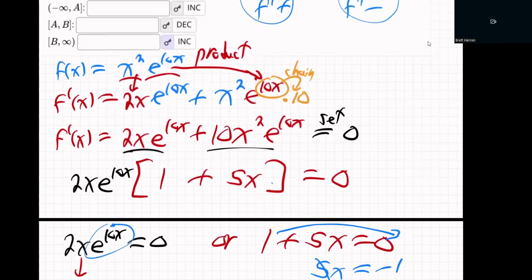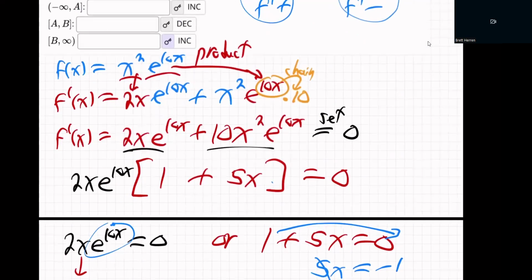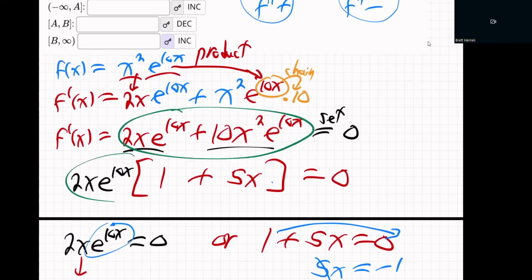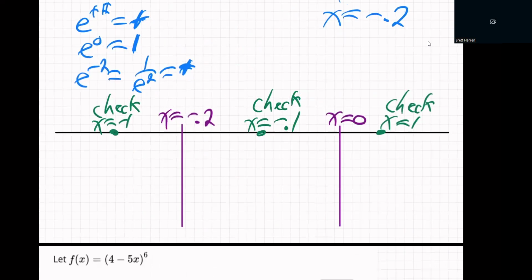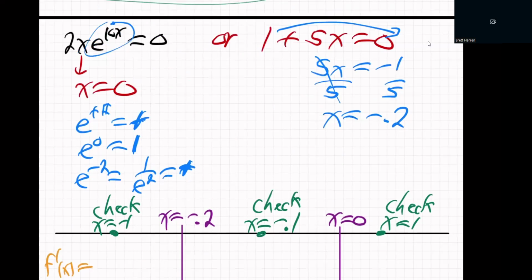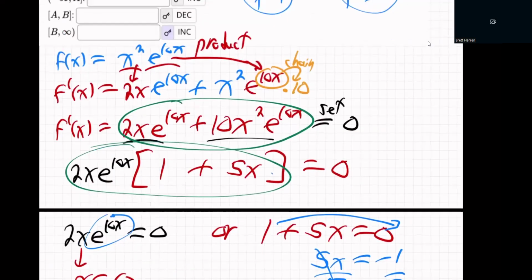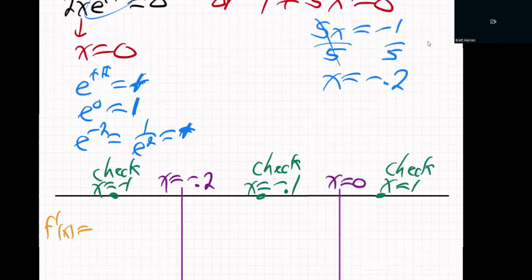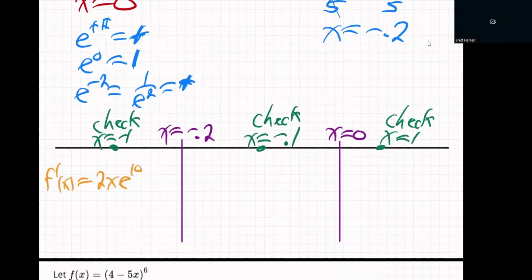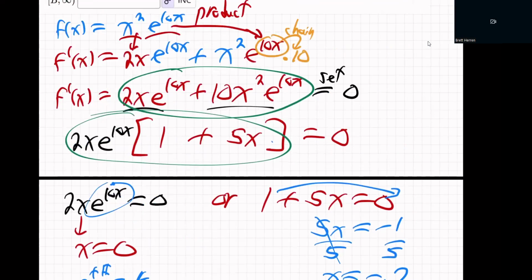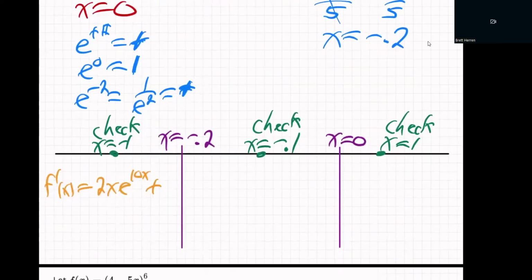Check the first derivative, which is, well, you can use this version or this version, either one. I'll just grab the first one, I guess. f prime equals 2x e to the 10x plus 10x squared e to the 10x.